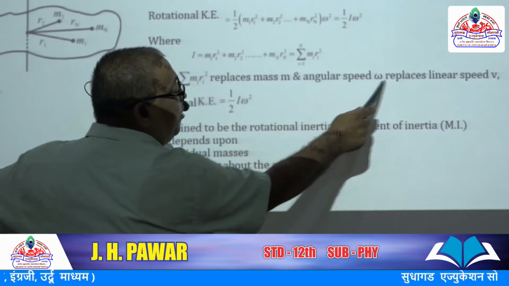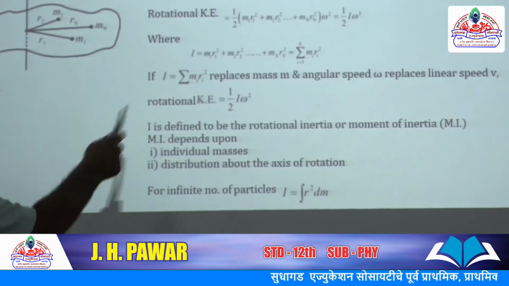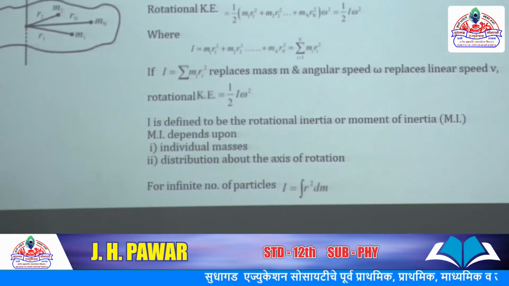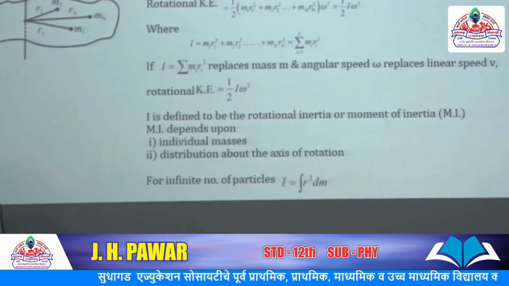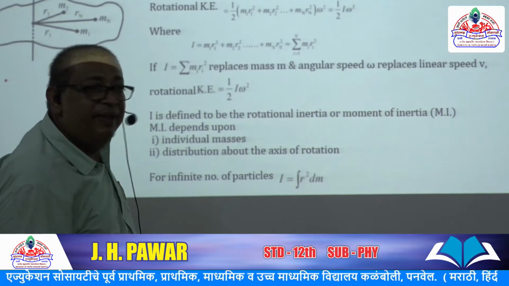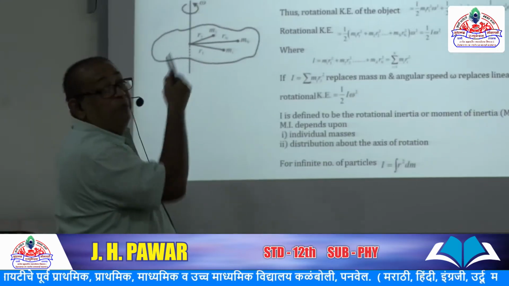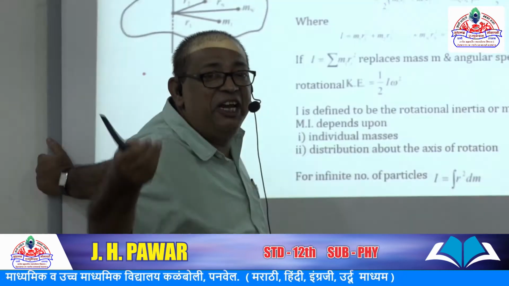So the rotational kinetic energy is half I omega square. From this one thing should be clear: in order to express kinetic energy in rotational motion, mass is replaced by moment of inertia or rotational inertia.